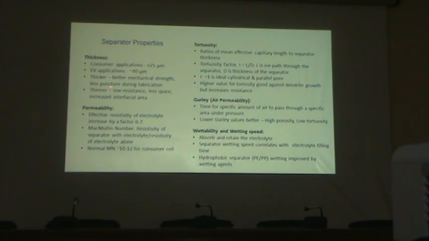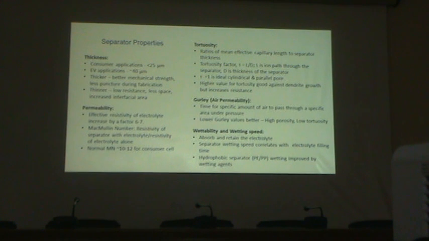Now, thinner is better if you want low resistance, less space and increased diffusion area. So you are basically trying to make it thinner and thinner. That's why whenever you get a chance of using a thinner separator, you do that, as in normal consumer mobile applications.